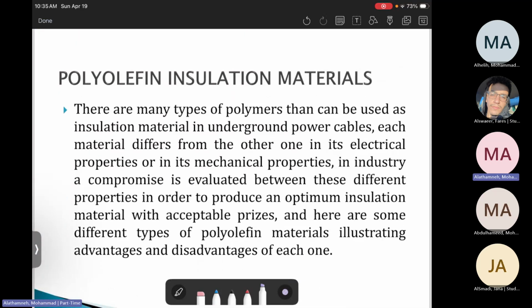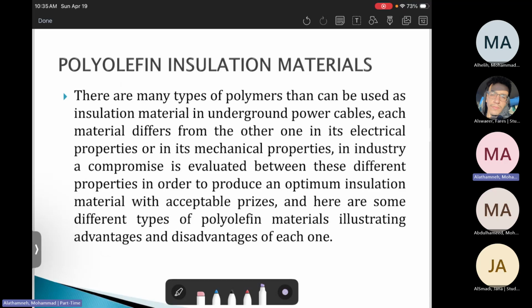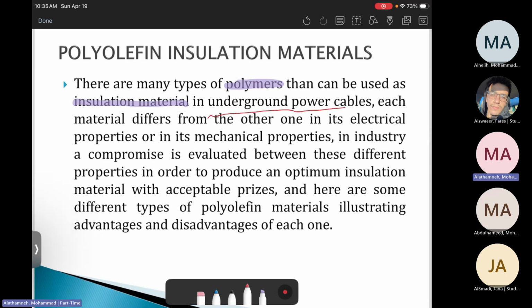Polyolefin insulation materials. There are many types of polymers that can be used as insulation materials. Each material differs from the other in its electrical properties or mechanical properties, and these differences are evaluated in order to produce an optimum insulation material at an acceptable price.